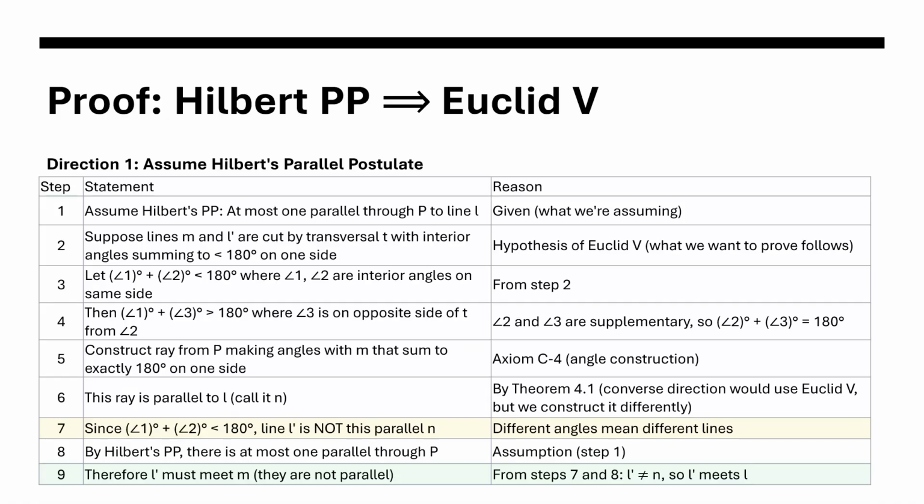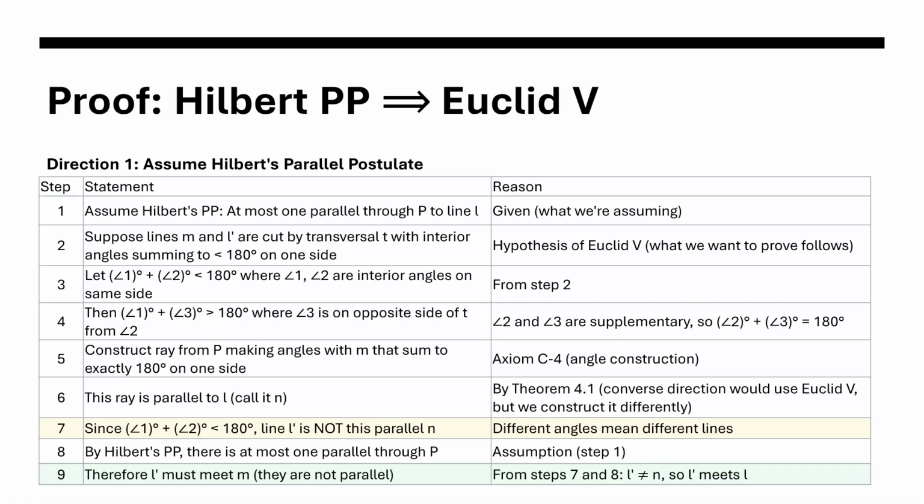And then on step 8, by Hilbert's parallel postulate, there is at most one parallel through P. That's for our assumption of step 1. So Hilbert's parallel postulate says that there is at most one parallel line through P to L. Okay. So we constructed one parallel.